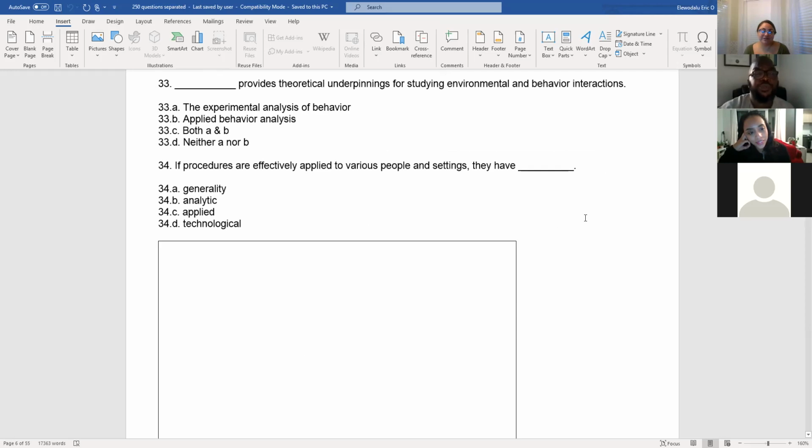Number 33, dash provides theoretical underpinning for studying environment and behavior interactions.